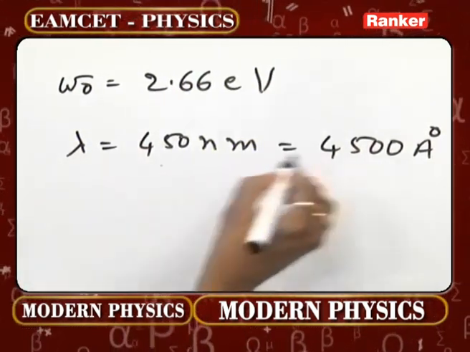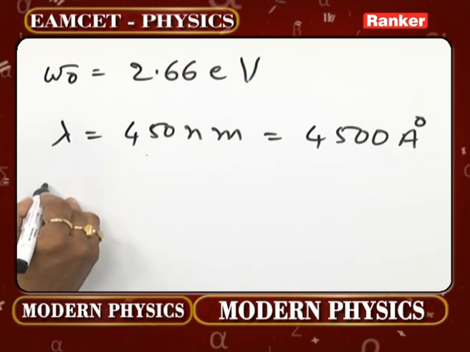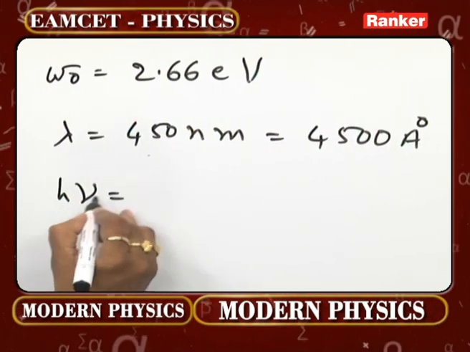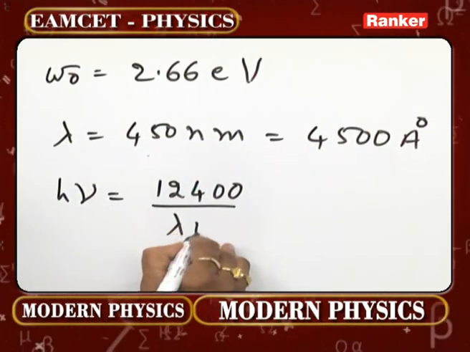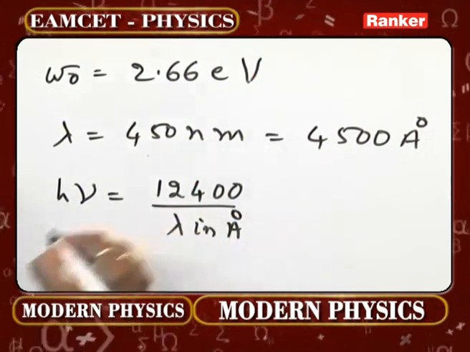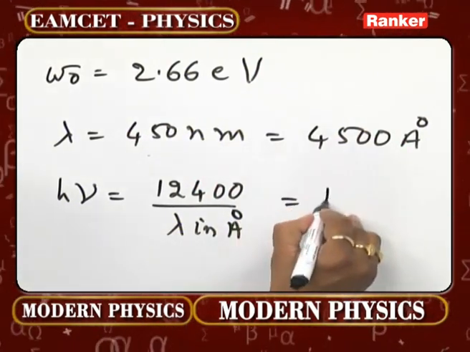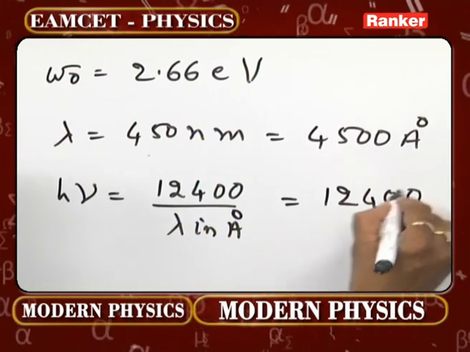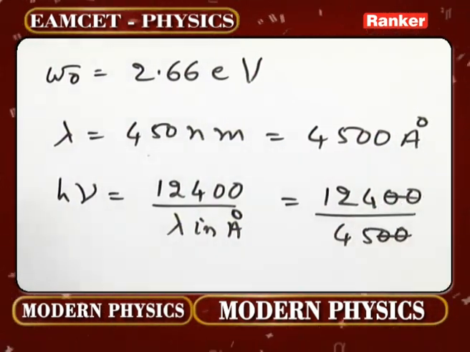Now, what is the advantage of writing this angstrom unit? What will now be the value of energy? H nu can be written as 12,400 by lambda taken in angstroms. That's what I have already told you. So, you can write 12,400 by 4,500. Come on, cut this one.